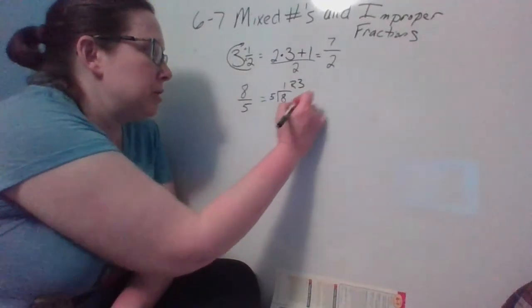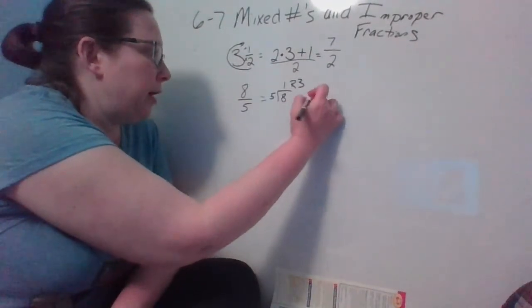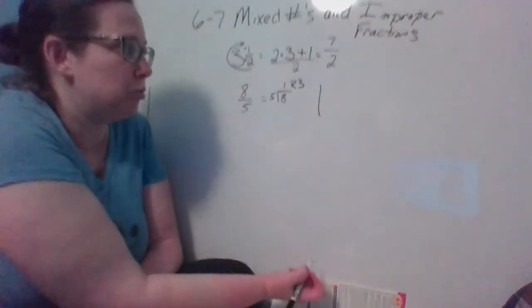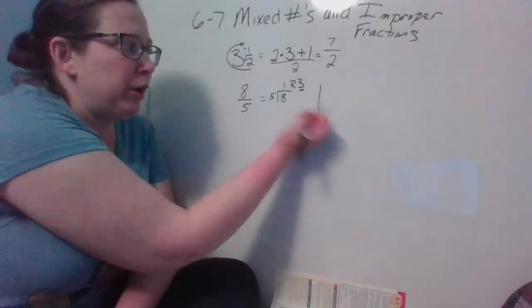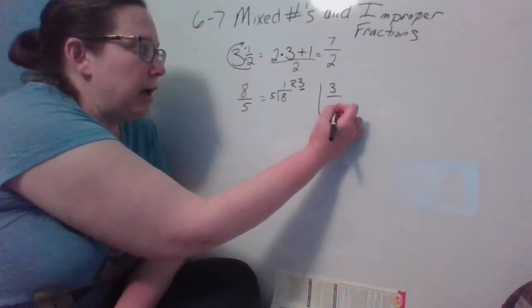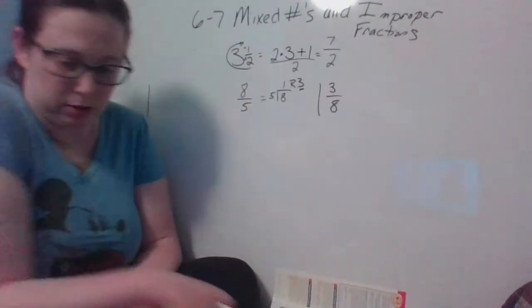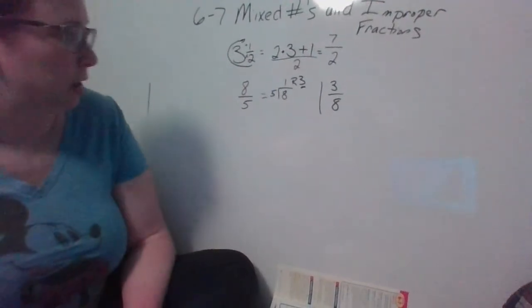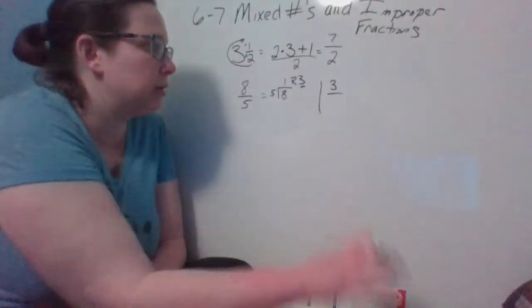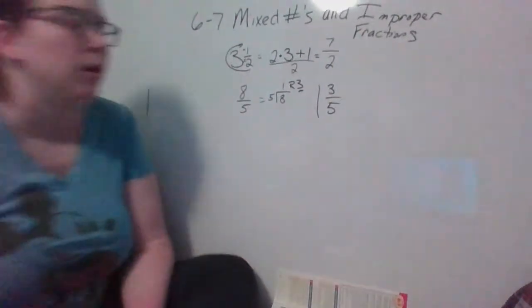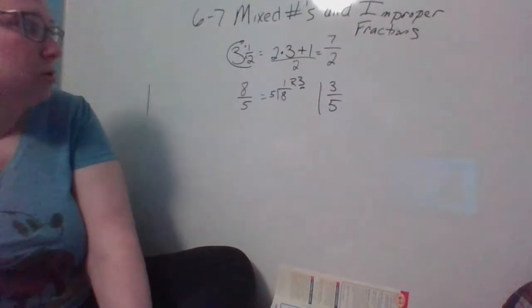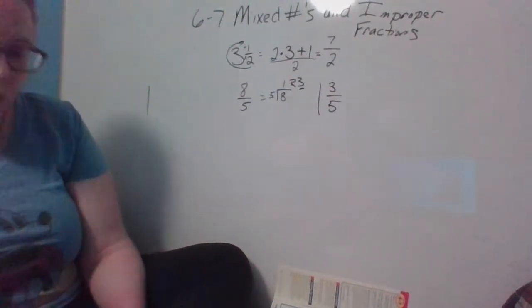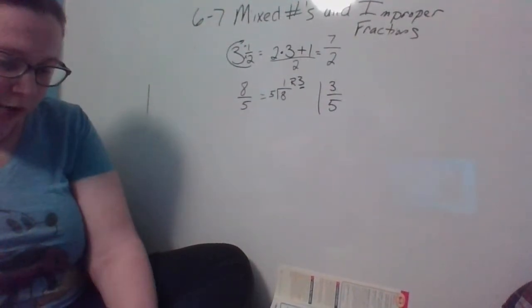What that means is you are going to have 1 for your whole number, your numerator is your remainder, and again, that denominator stays the same. So we will go from 8/5 to 1 3/5.